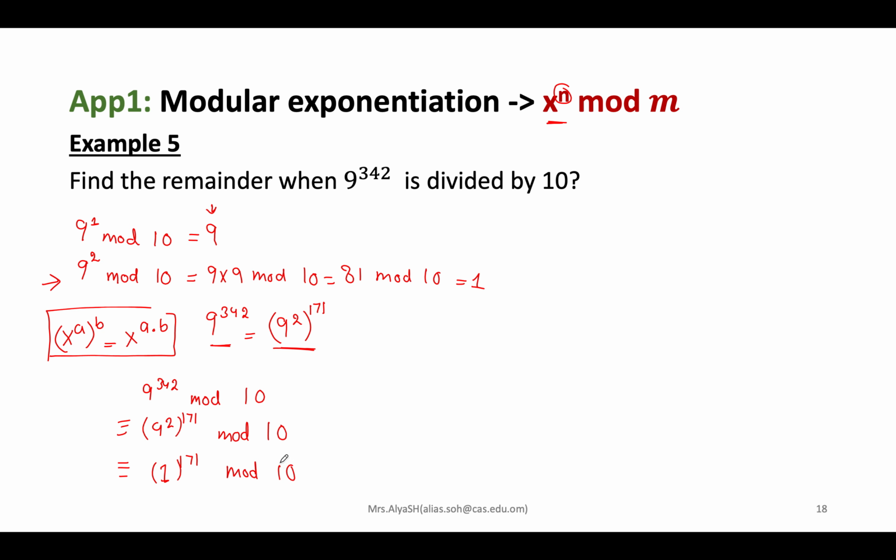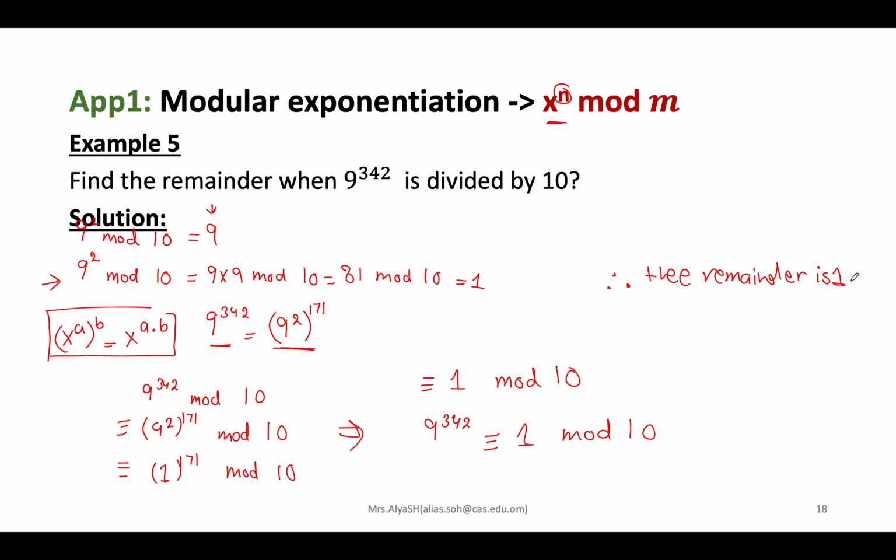Now 1 to power 171 is congruent to 1 mod 10. So we got that 9 to power 342 is congruent to 1 mod 10. So the remainder is 1.